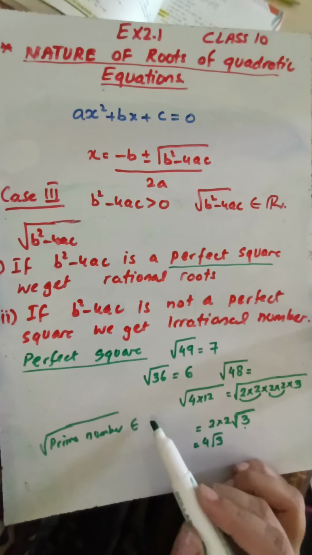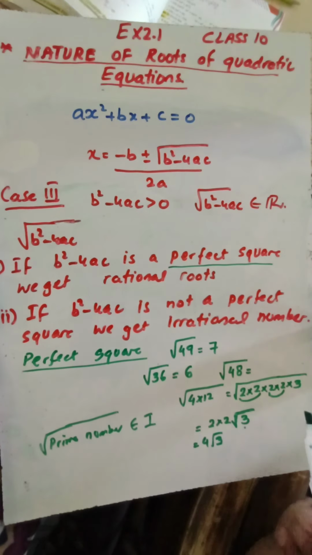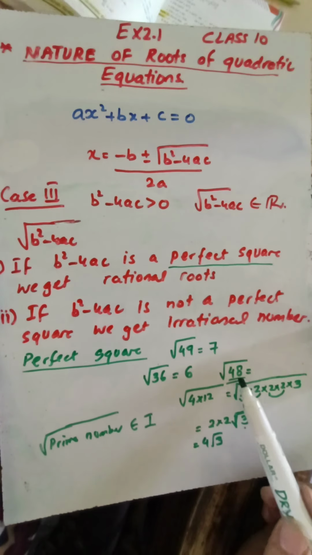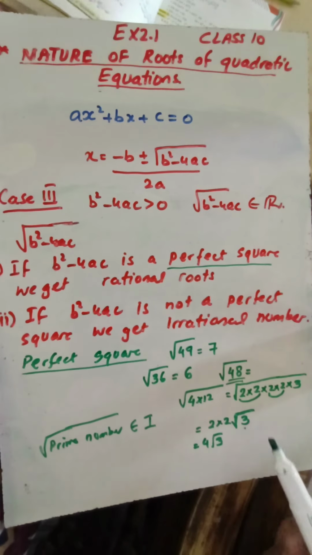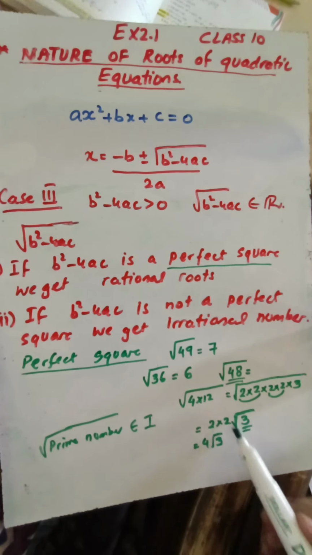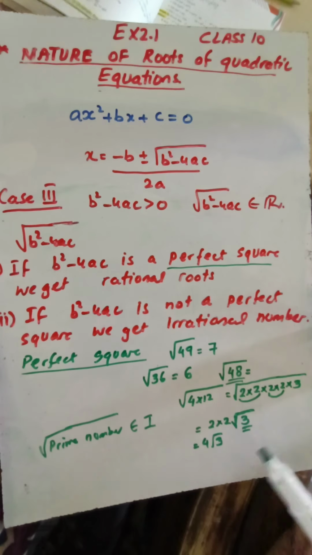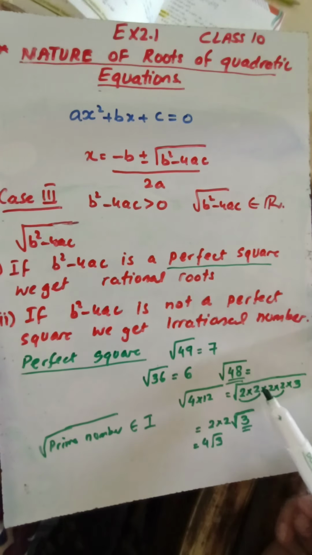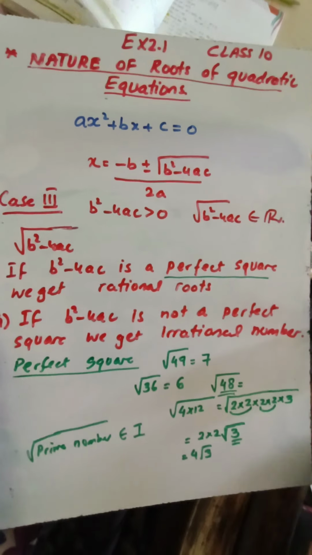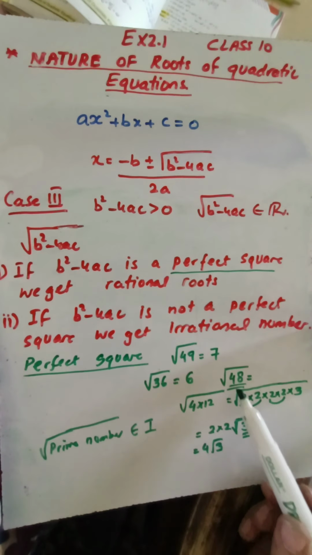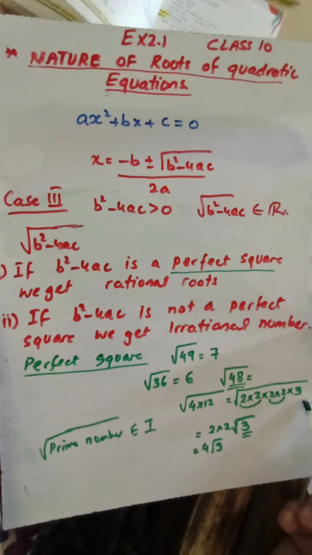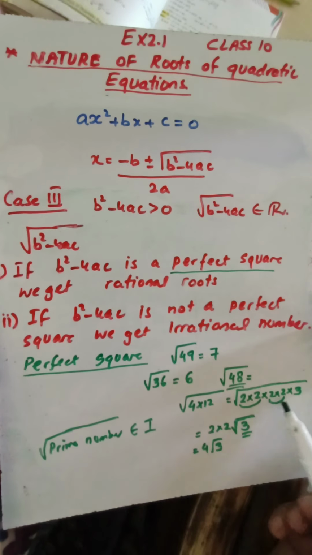The square root of a prime number is always an irrational number, and if a number is not a perfect square, then we definitely get a prime number under the radical sign when we find its root. For example, in 48, the first thing we do is the prime factorization, so all the numbers we write here are prime.